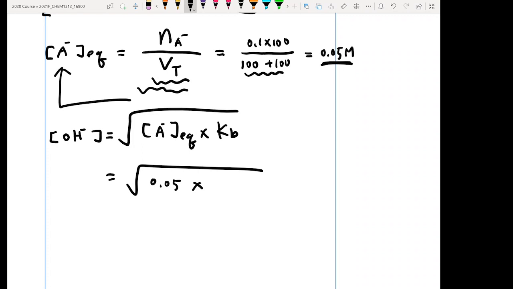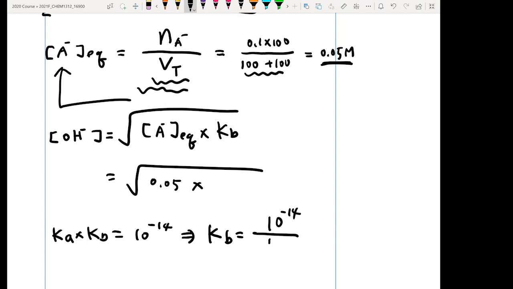So to calculate your Kb, we know Ka times your Kb is going to equal 10 to the negative 14. And here we know your Ka is 1.76 times 10 to the negative 5. So you can calculate your Kb, which equals 10 to the negative 14 divided by your Ka. Then once you get the value, you're going to put it here.